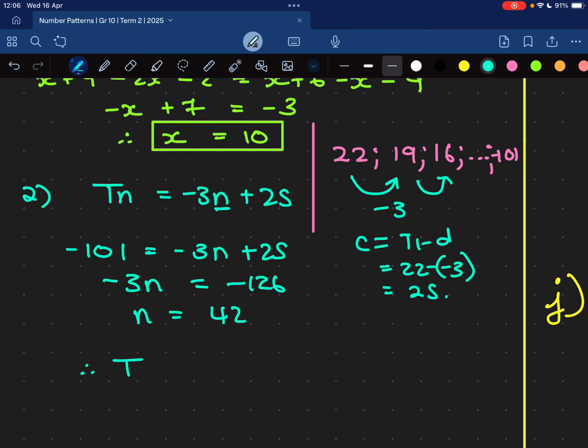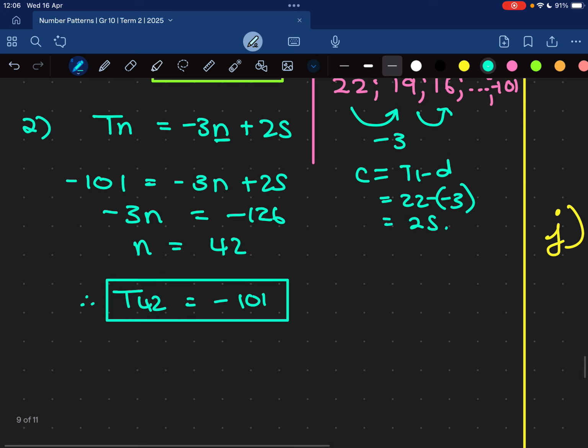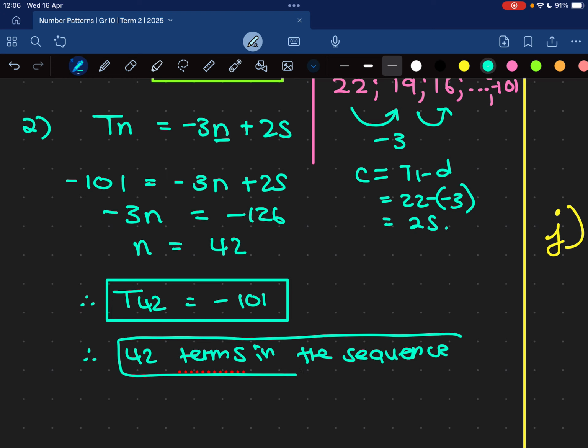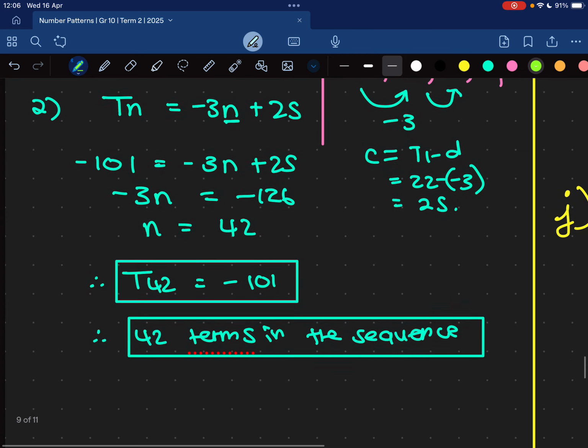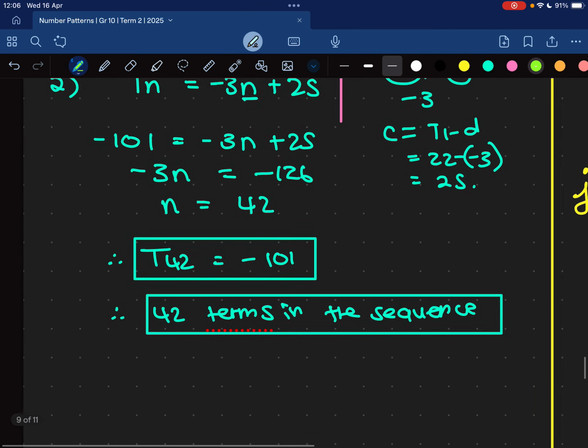So therefore, the 42nd term is going to be negative 101. So you can conclude and say 42 terms in the sequence. Okay, not too difficult. You just have to be able to interpret what the question is actually trying to ask you.